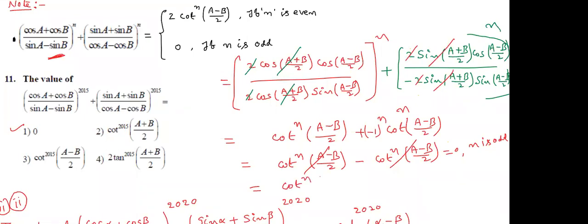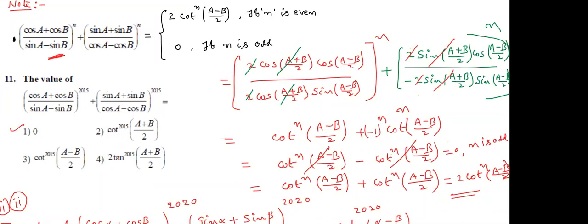Both are positive. Minus 1 whole power n, if n is even, that becomes positive. So what do we get, students? Cot power n of (A minus B) by 2 plus cot power n of (A minus B) by 2, that is 2 cot power n of (A minus B) by 2. Yes or no? This is the proof of that formula.